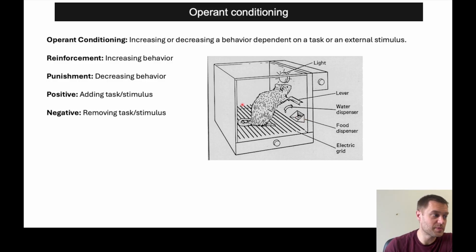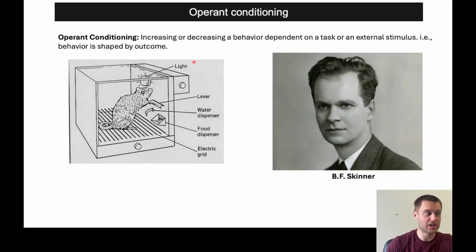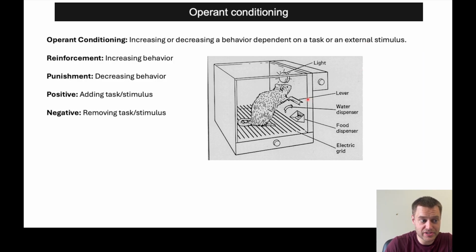The reinforcement is increasing behavior, and the positive aspect of this is that I'm adding food to the behavior that I care about. As we already defined, operant conditioning is increasing or decreasing a behavior dependent on a task or an external stimulus. The behavior is shaped by the outcome. So if I want the rat to press the lever, I give it food when it presses the lever, right? That means positive reinforcement.